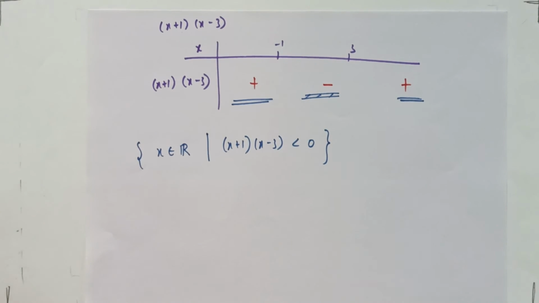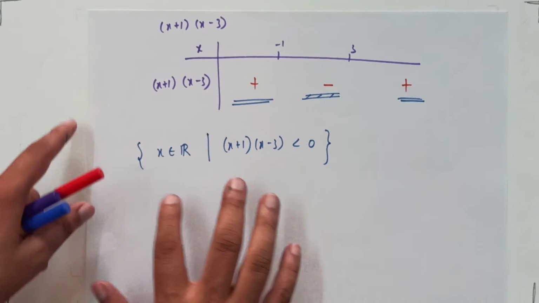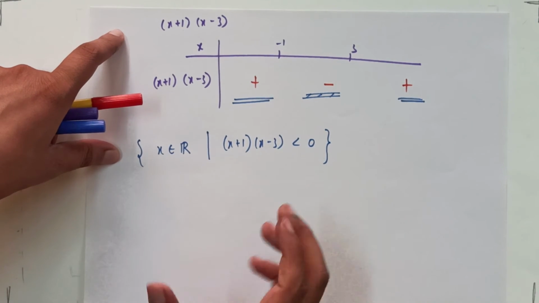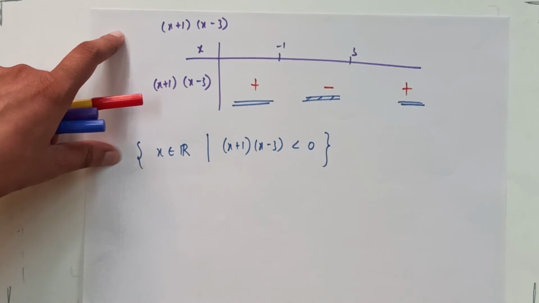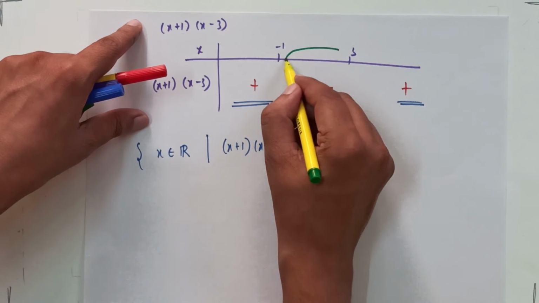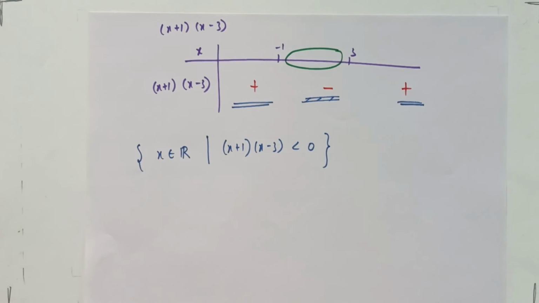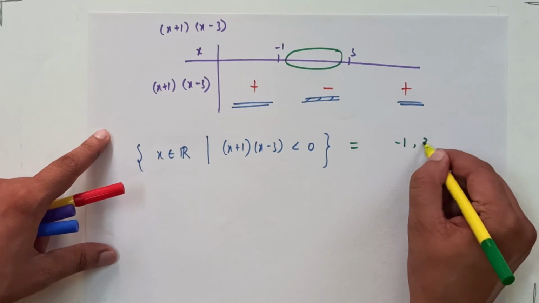So this was the solution set. How do we write the solution set in terms of interval notation? In this solution set, I am referring to the section where our inequality is less than 0. So I am particularly referring to this section. Now how to write this section in interval notation? I can write it like minus 1, comma 3.